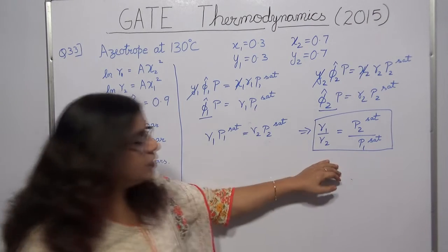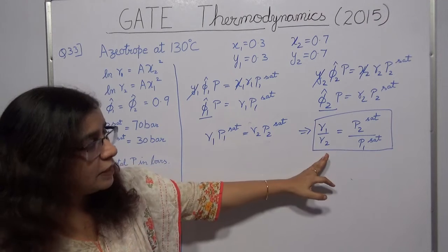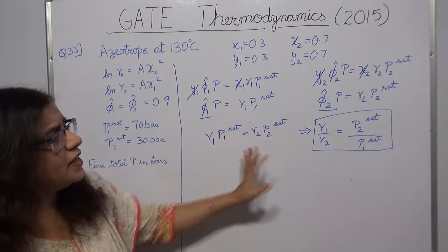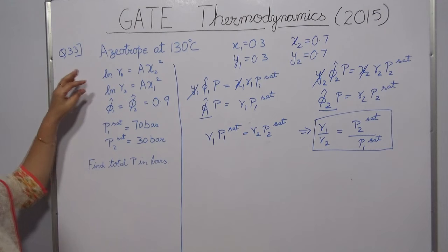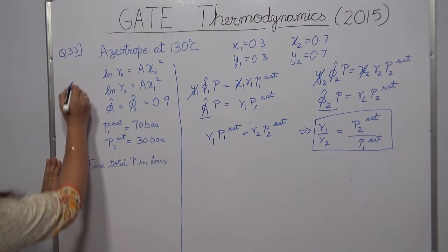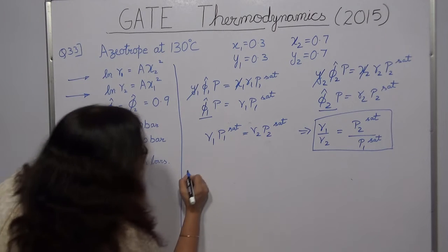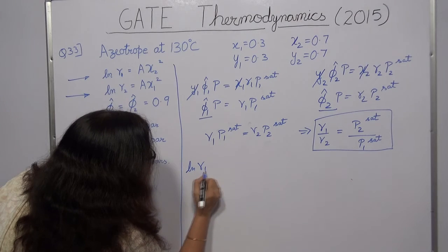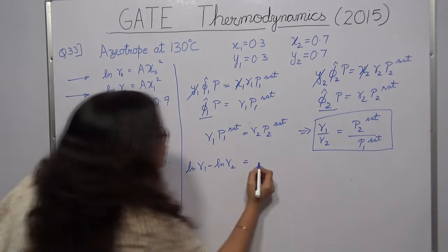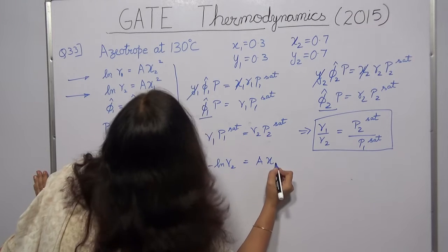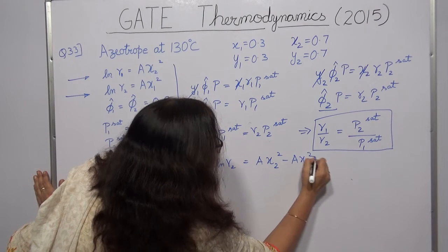Now I have a relation of gamma 1 and gamma 2 in the form of gamma 1 by gamma 2. Let's bring another equation which has a similar form. Okay, how can I bring it? I have these two equations now. So let's come back to this. ln gamma 1 minus ln gamma 2 is equal to a times x2 square minus a times x1 square.